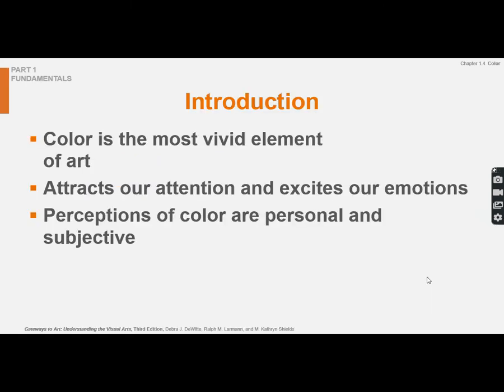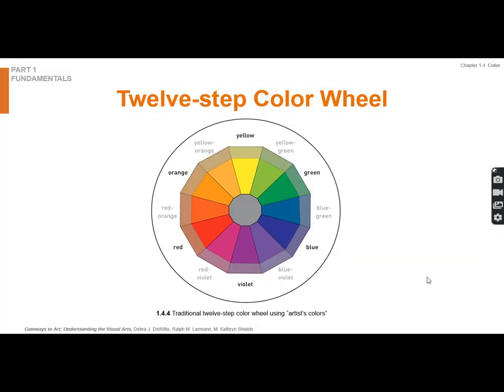All right. Color is probably the thing that attracts your attention most in a work of art if it has a lot of color. And it's also the most personal response that people have to color. All right. This is a basic color wheel with 12 colors, but obviously there's millions of colors.